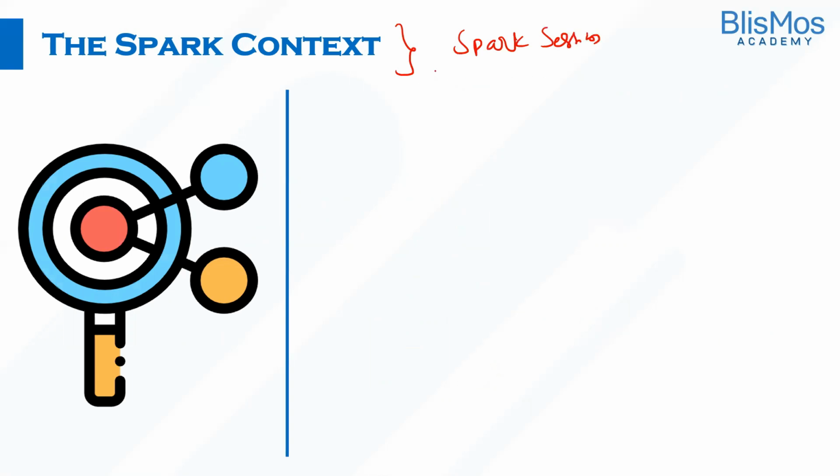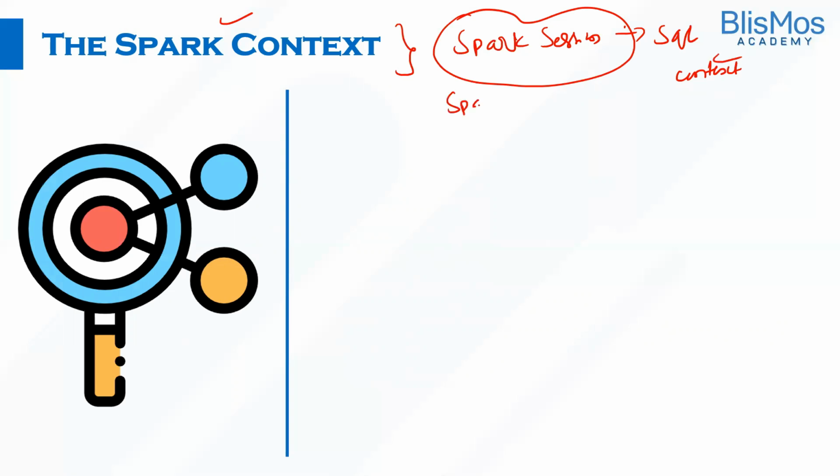So we have two things: one is the Spark context, and also the SQL context, as a part of the Spark session. Before 2.4, these two were separate. After Spark 2.4, both of them are combined into the Spark session.